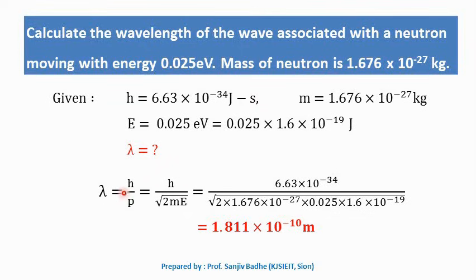So we can substitute all the values, and the wavelength of the wave associated with the neutron can be calculated as 1.811 into 10 raised to minus 10 meters, or it can be written as 1.811 angstroms.